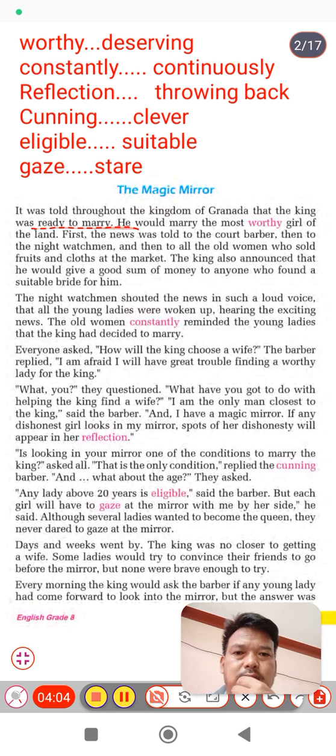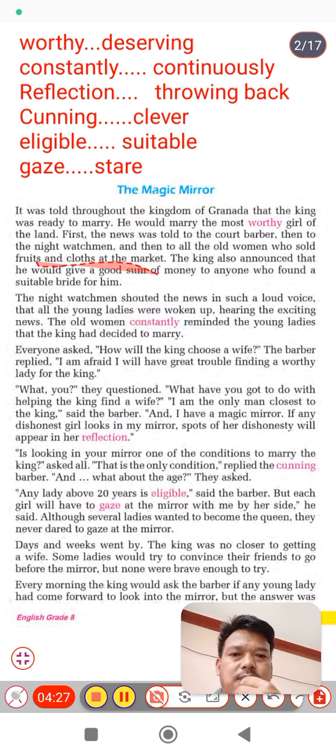It was told throughout the kingdom of Grandeur that the king was ready to marry. He would marry the most worthy girl of the land. First, the news was told to the court barber, and then to the night watchman, and then to all the old women who sold fruits and clothes at the market.